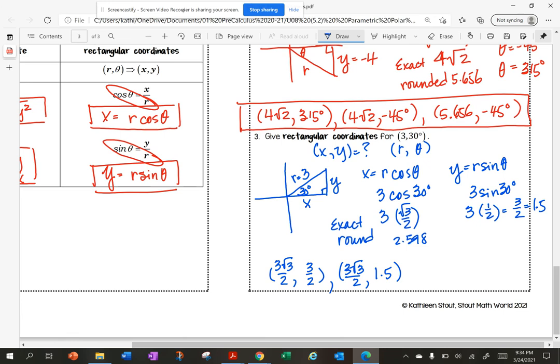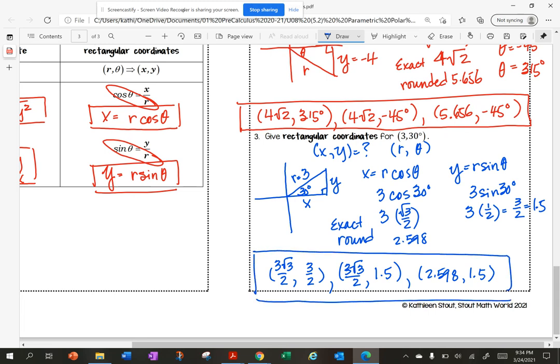Or I could do this rounded and say 2.598. And if I'm using this as decimals, I would probably show this as a decimal rather than a fraction. So multiple correct ways to answer.